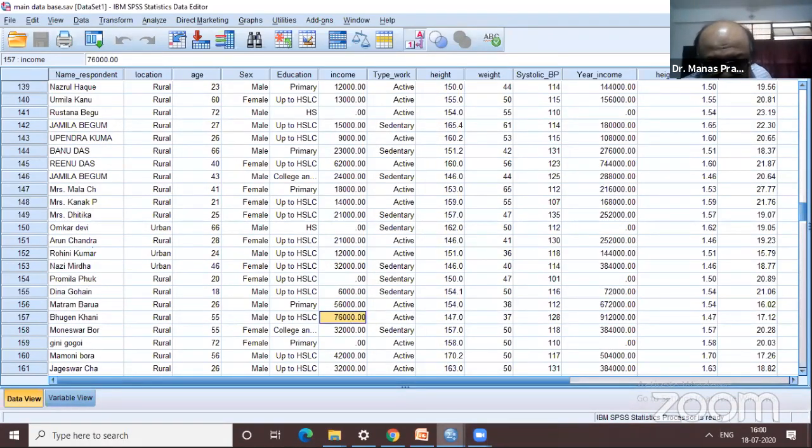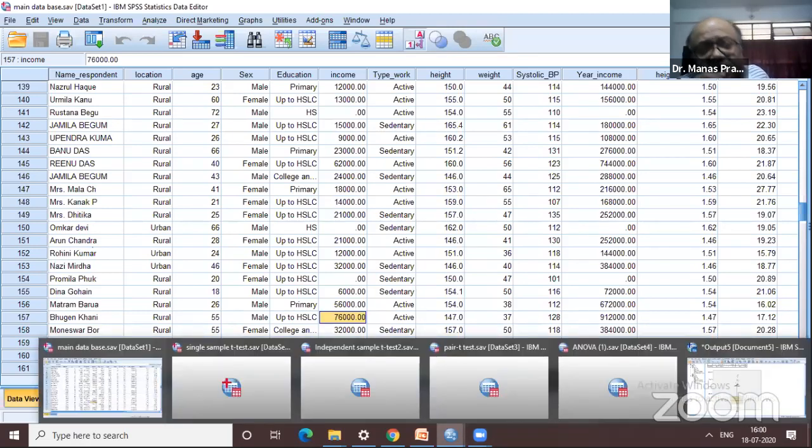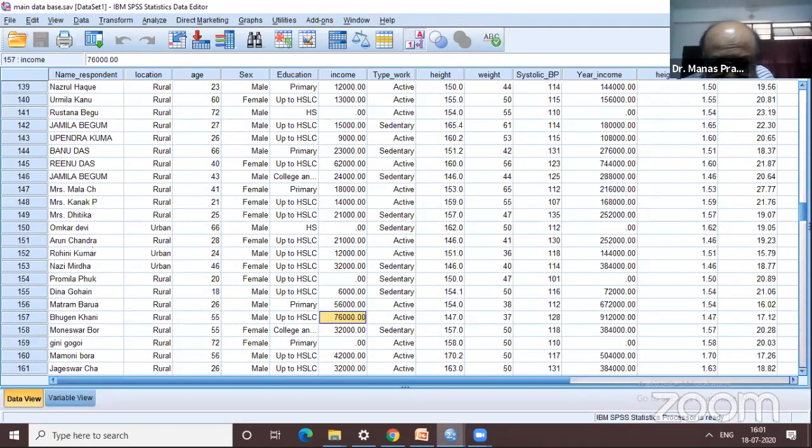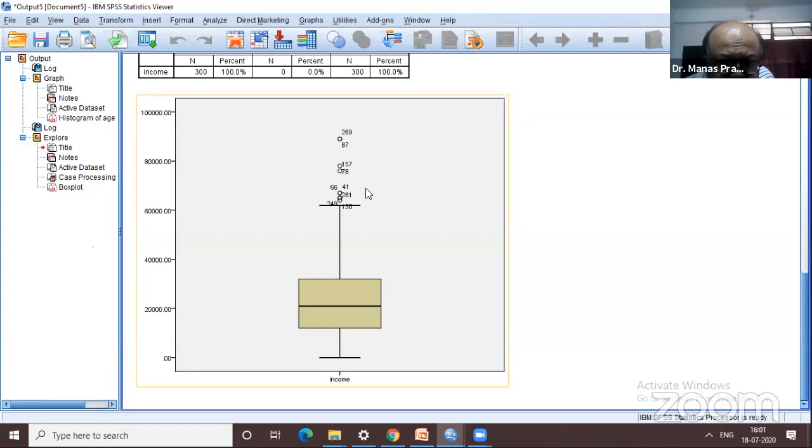So in this data, there are some persons whose income is very high compared to the others. Very few people are there whose income is much higher than the others. So there are extreme observations.